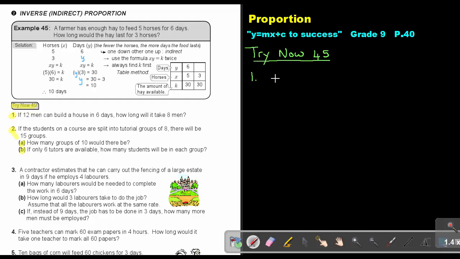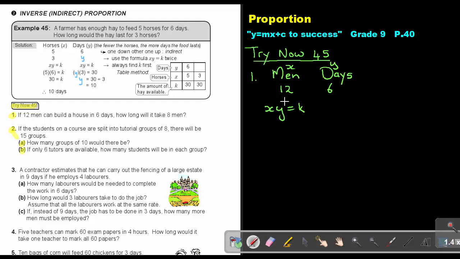Okay, so first let's just write men and days. It's 12 men, and it's lasting 6 days. Now remember, let's call this x and this is y. We're going to get a constant by multiplying these 2.